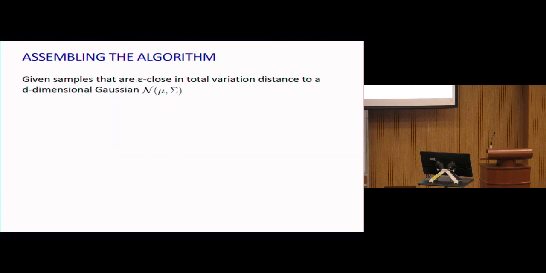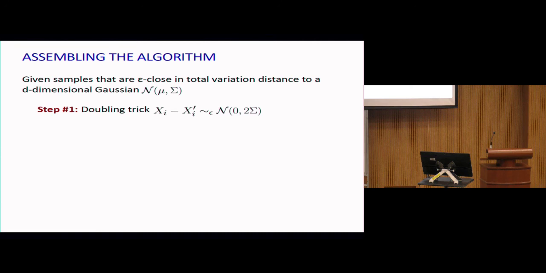So now I can tell you at least how this would turn into the overall algorithm. Imagine I wanted to solve the fully general problem: you're given samples from a distribution that's epsilon close to an unknown Gaussian, but now you don't know its mean and you don't know its covariance. I claim we can do it just by fitting together the 2 pieces I already talked about.